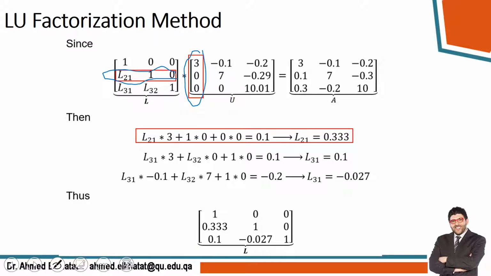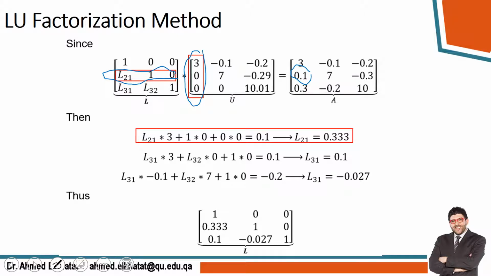Okay, so if you multiply these rows from the matrix, if you multiply this one times this one, you should get this value.